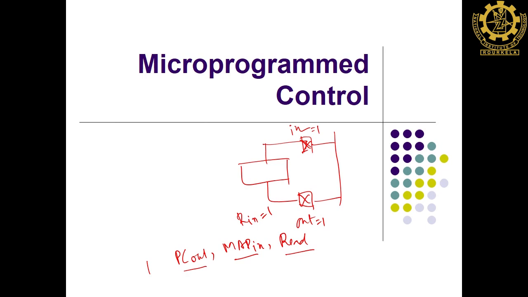You assume the first step, then you complete the second step, then the third step and so on. It is like you are writing code and it is getting executed. If we follow this model, that is something called microprogrammed control. For generating the control signals, we will use the programming model. It will be clear later also.